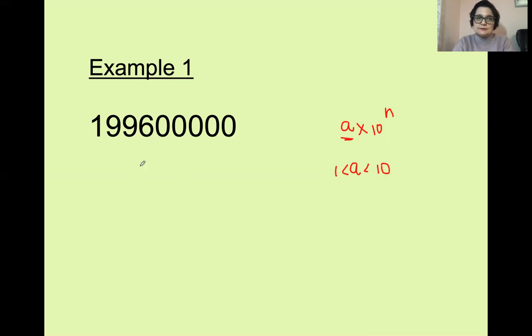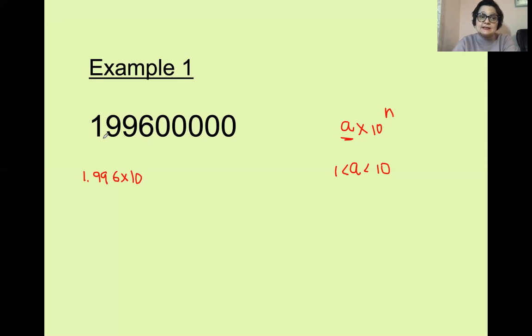So a number bigger than 1, smaller than 10 here is going to be 1.996 times. Now, remember, any 10 to the power of something, so any indices, represents times 10. So let's have a look how many times 10 we are going to add. So how many zeros we're going to add to the power. So times 10 to the power of, let's have a look.